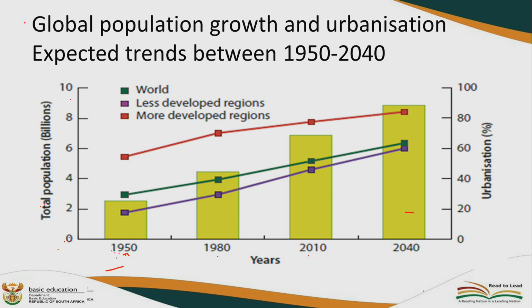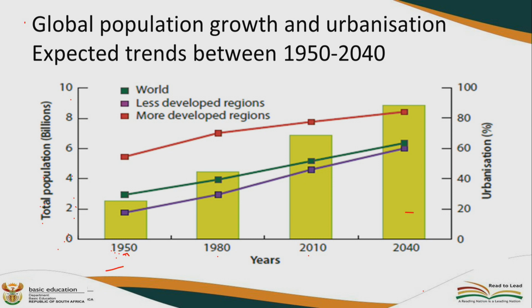Between 0 and 2, and from 2 to 4, we have 0, 1 billion, 2 billion, 3 billion, and then you go upwards.